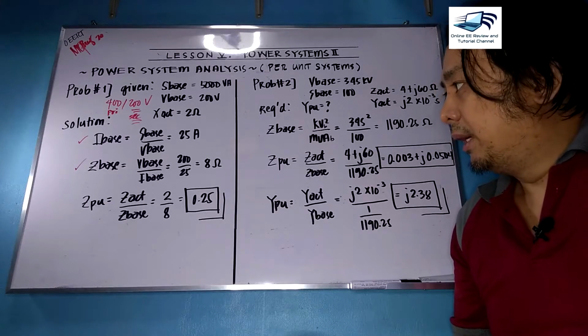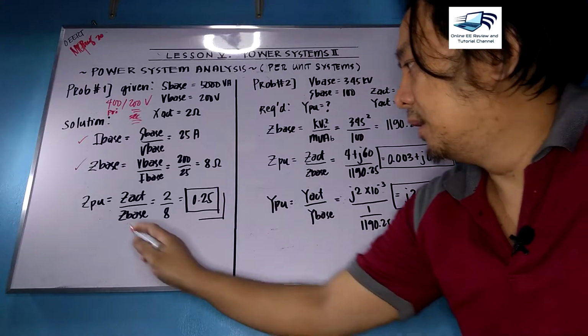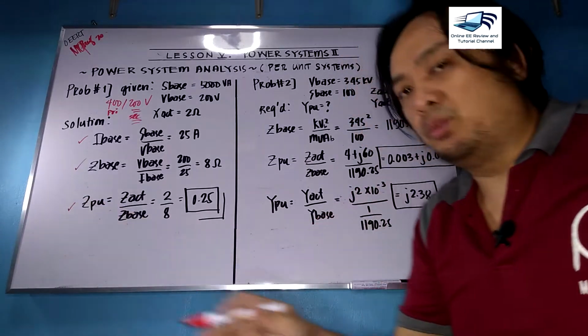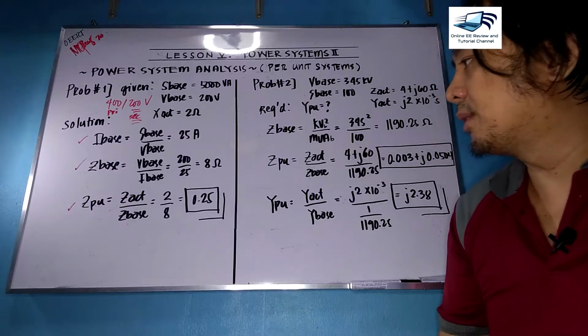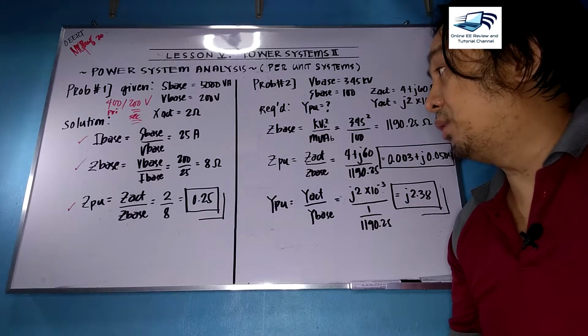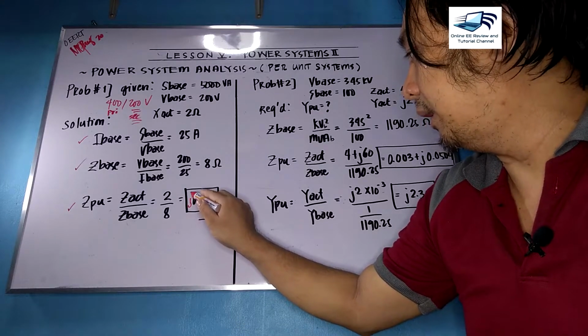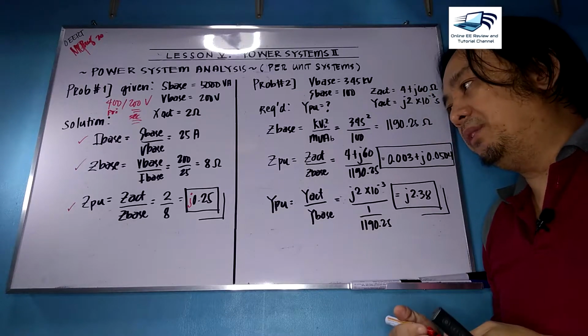So the answer is 200 over 25, you have 8 ohms. And thus, per unit is the actual over the base. You have the actual value of 2, and you have 8 as your base value. The answer must be in reactive, j0.25.